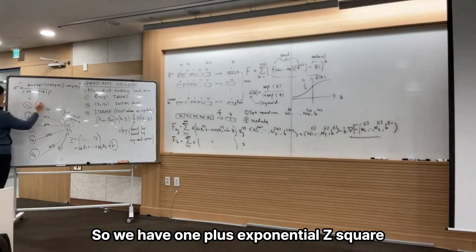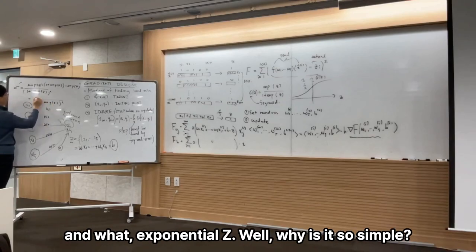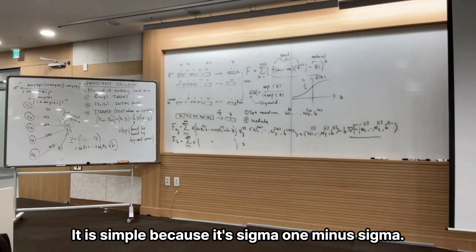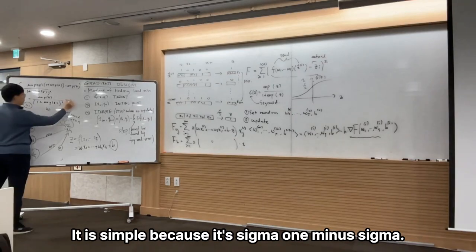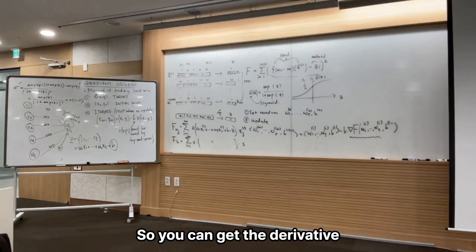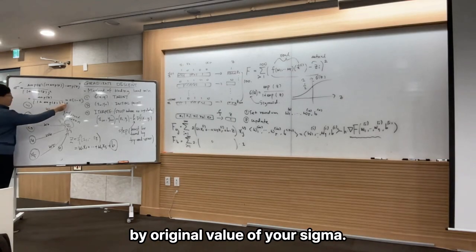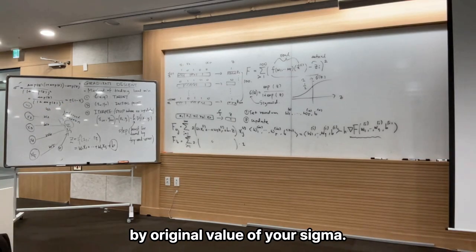So we have 1 plus exponential z squared in the denominator, and the numerator is exponential z. Why is it so simple? It is simple because it's sigma times 1 minus sigma. So you can get the derivative from the original value of your sigma.